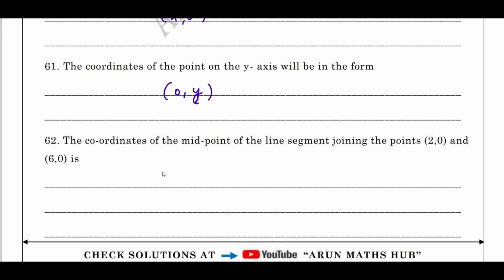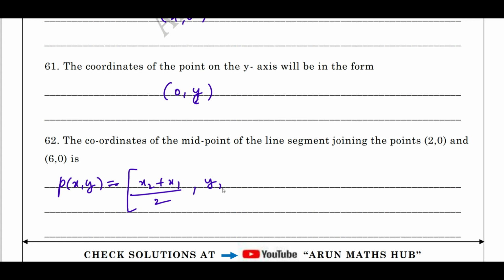The coordinates of the midpoint of the line joining the points 2, 0 and 6, 0 is P of x, y equals what? The midpoint formula is x2 plus x1 by 2, y2 plus y1 by 2. This is x1, y1, x2, y2.